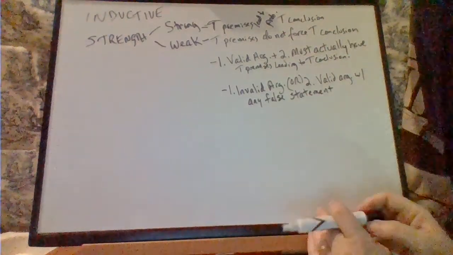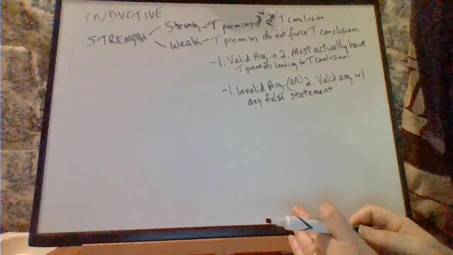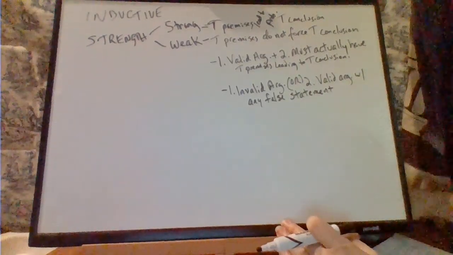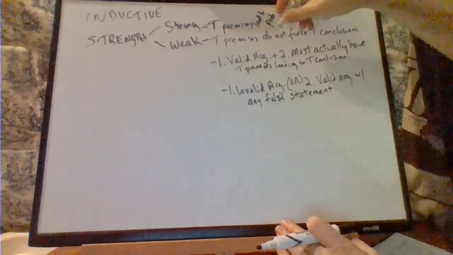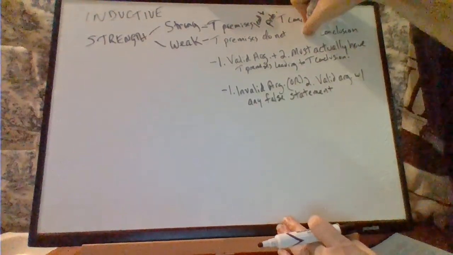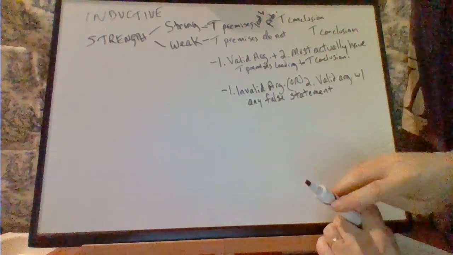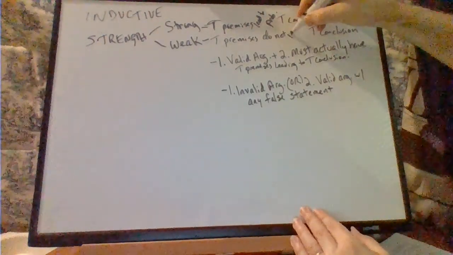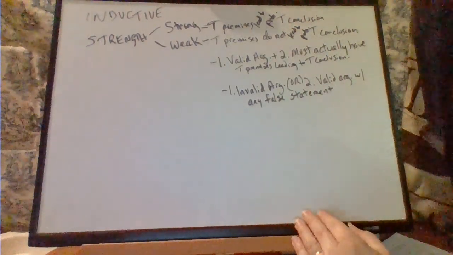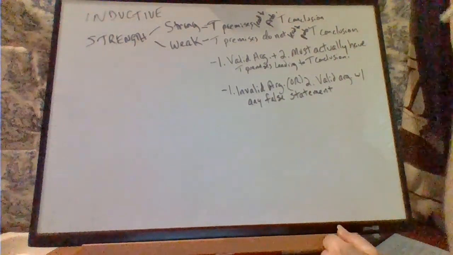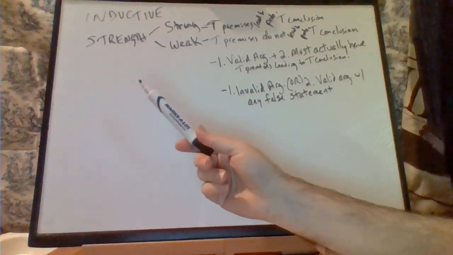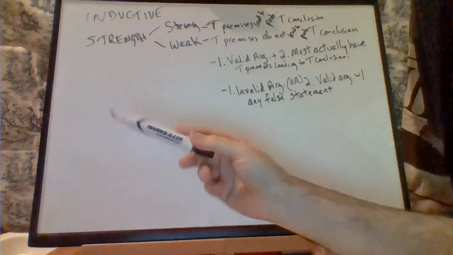So a strong argument is where true premises lead to a probably or very likely true conclusion, and a weak argument is going to be one where the premises do not lead to a probably true conclusion. Okay. So again, you're looking just at the structure or the form of the argument.